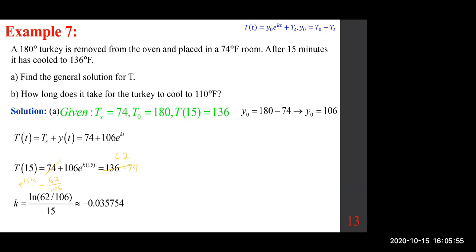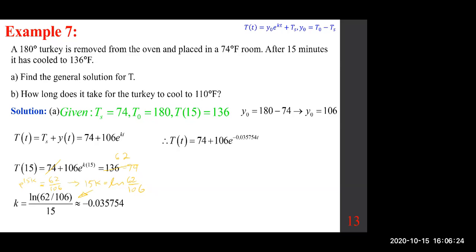By the way, we know 62 and 106 have a common factor we can simplify, but I kept it like that. So you can see that if you take a natural log of both sides, again, I did that, and then from here, you get to this answer. And that's the formula, okay?